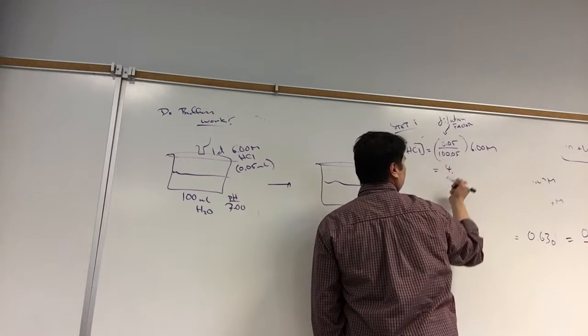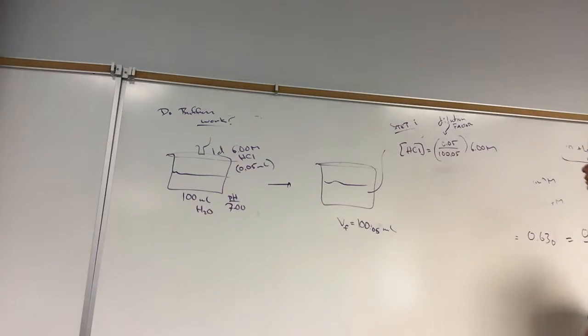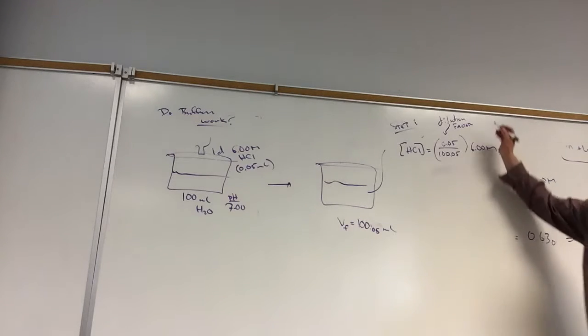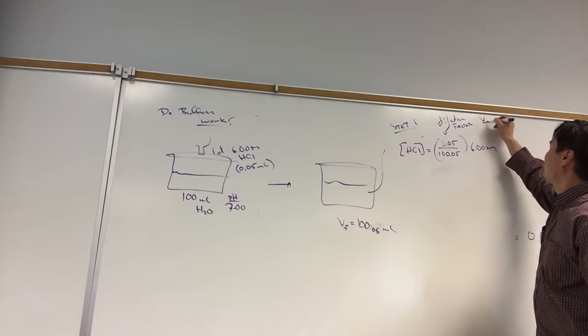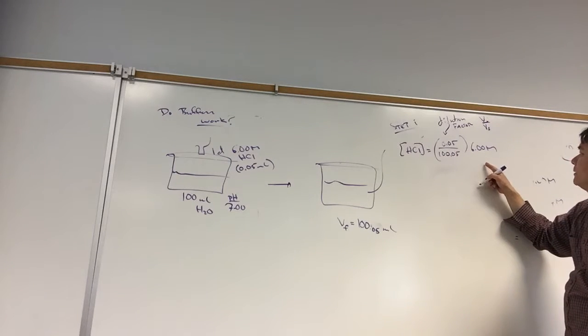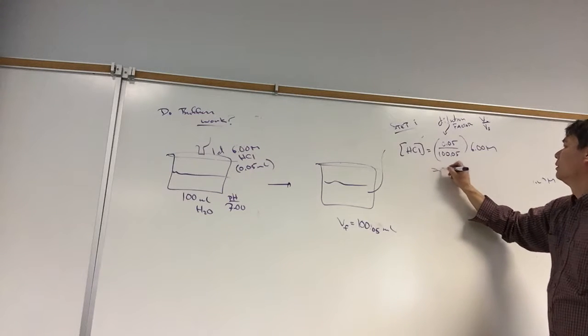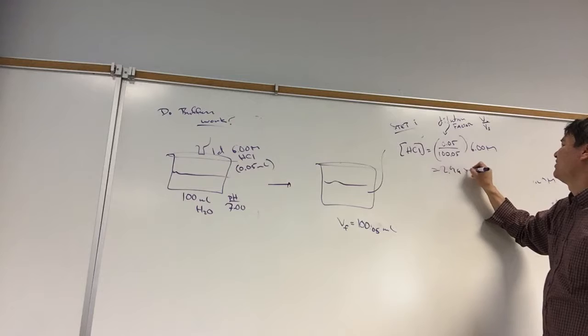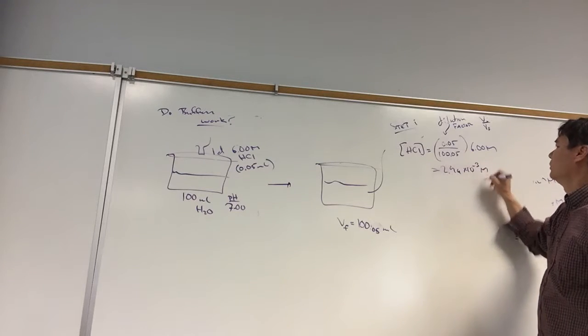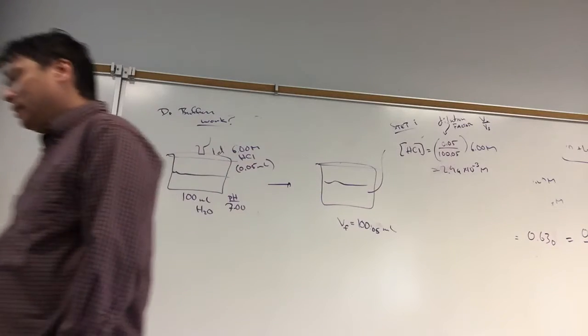The dilution factor is V initial over V final. This gives us 2.99 times 10 to the negative 3 molar.